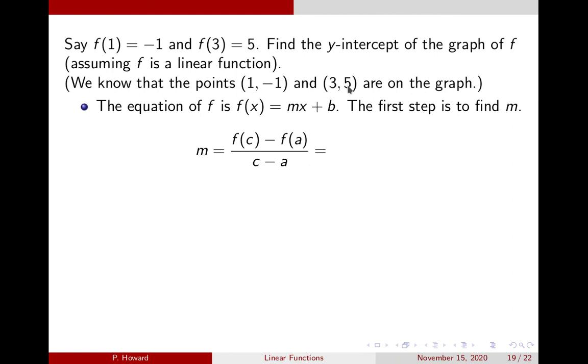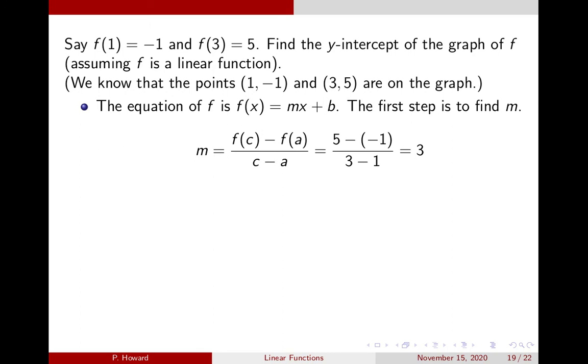F of c is 5 and f of a is minus 1. So I will be plugging in those numbers. 5 minus (minus 1) over 3 minus 1. Looks like 6 over 2, which is 3.